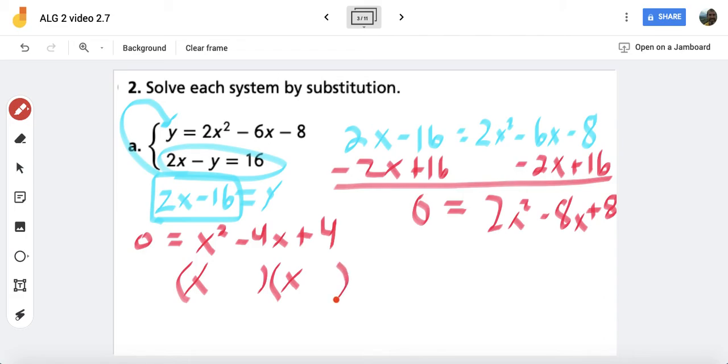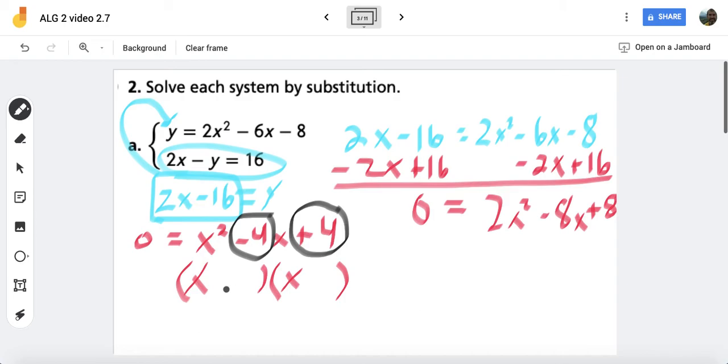Now if you recall from earlier in the chapter, I just need to find factors of positive 4 that when you add them together you get negative 4. So I got 1 and 4, but that's not going to get me 4. I have 2 and 2. Yeah, 2 and 2 make 4, but I have to make them come out negative, so I'm going to go with negative 2 and negative 2.